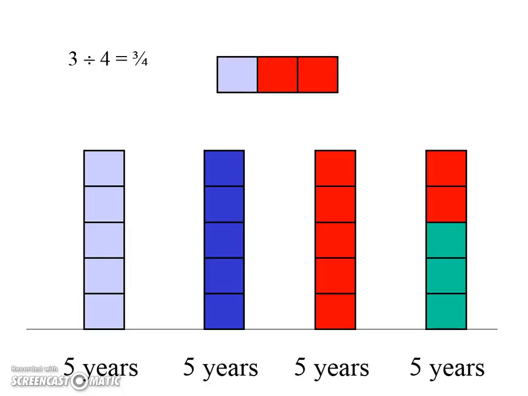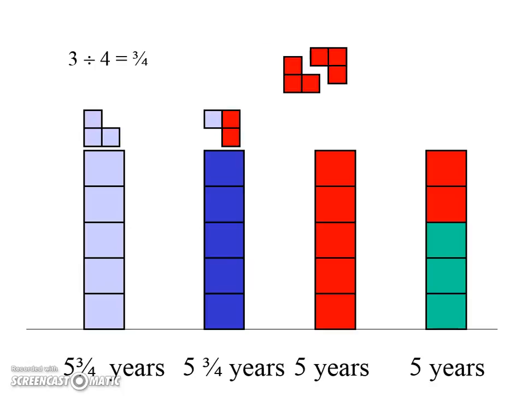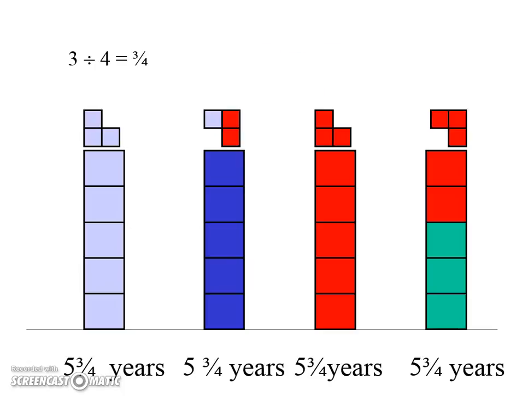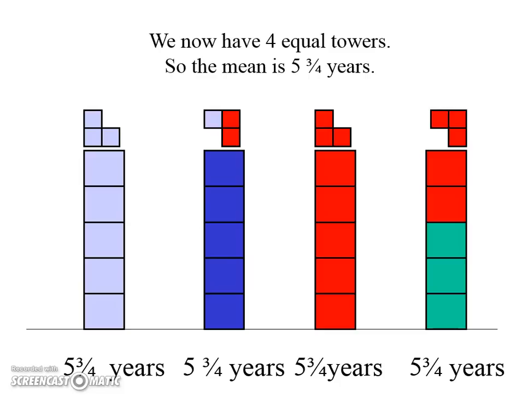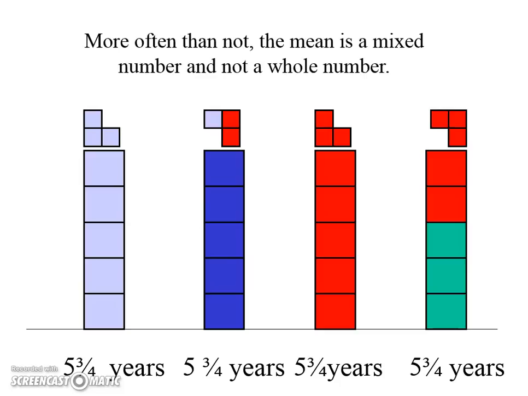So 3 divided by 4 is 3/4. So each group gets 3/4, and our mean is 5 3/4. Okay, we'll talk about a little more how we would do that without the blocks in a second here. More often than not, the mean is a mixed number, and it's not a whole number. So you're going to see this quite a bit.